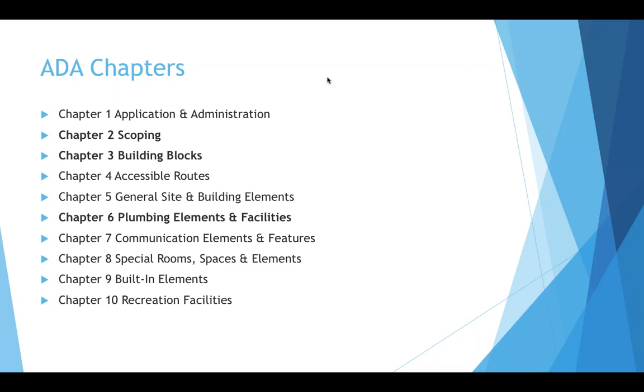And there are other things that may apply. Communications in Chapter 7, special rooms, spaces, and elements. Anything that's built in would be in Chapter 9. And then a new chapter is Chapter 10, the recreational facilities. Prior to the 2010 standards, there was nothing that covered the recreational facilities.